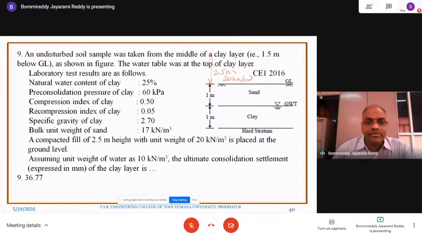That means the pressure at the center of the clay layer is because of the fill provided above the sand. Then assume the unit weight 10, ultimate consolidation settlement is. So here the important thing you need to remember is pre-consolidation pressure is given and you need to compare that with the other parameters that I will tell you in the next page.